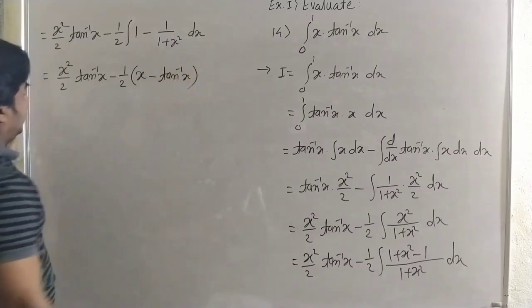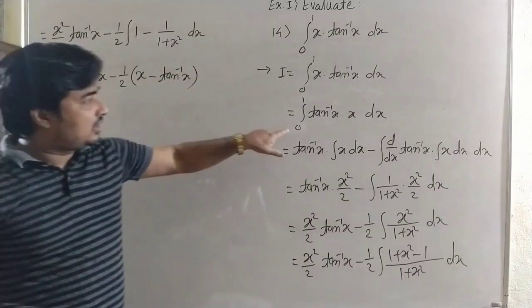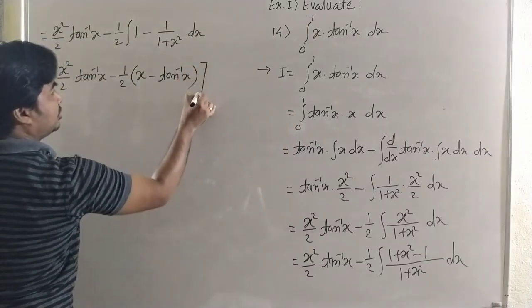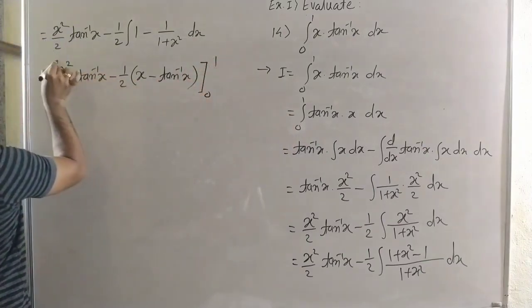tan inverse x. Okay, here it is an integral, but it is a definite integral. Here it is a limit, so we can put the limit, it is 0 to 1 for all the terms.